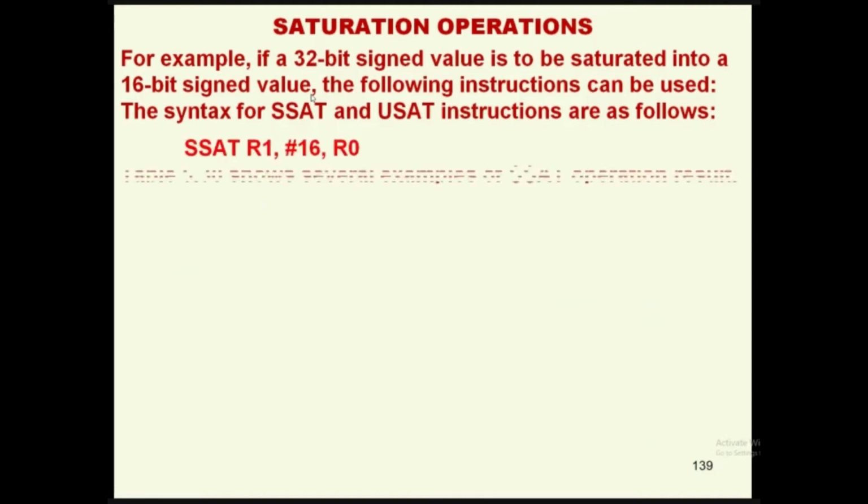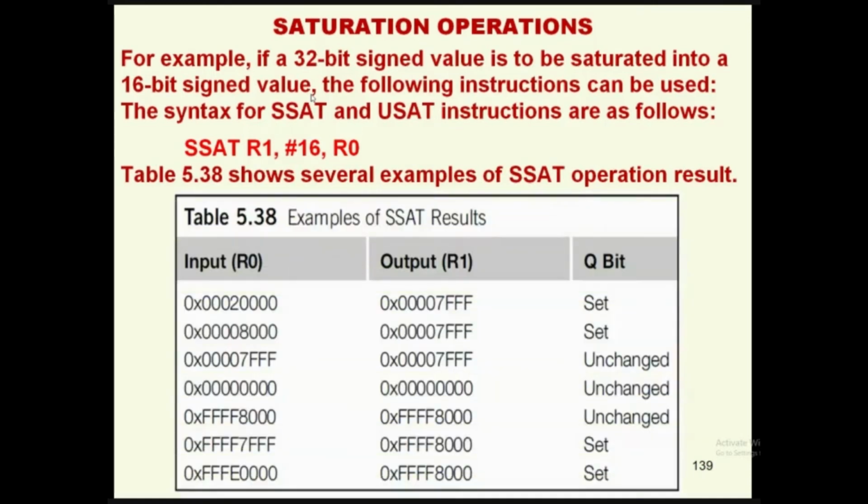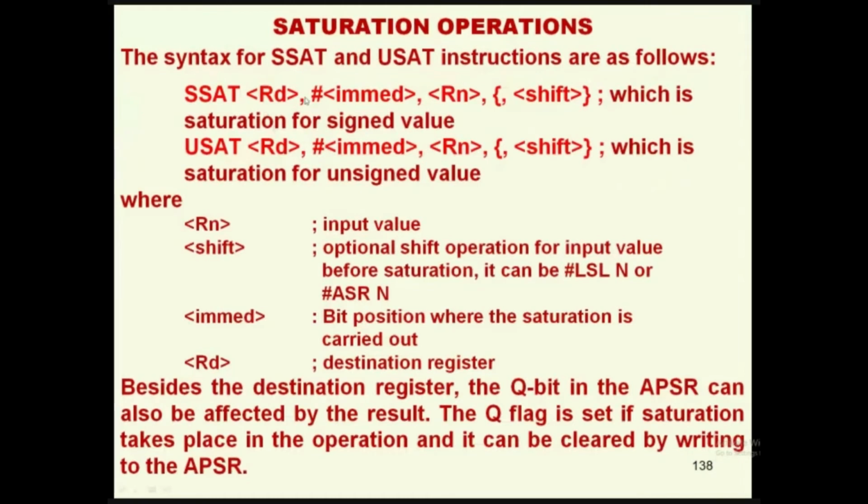SSAT R1, #16, R0. So for example, signed saturation R1, #16, R0. Let us say the content of R0 is the input, and according to the syntax, the immediate is the bit position where the saturation is carried out. 16-bit saturation needs to be carried out, and the saturated value needs to be stored in the destination register.